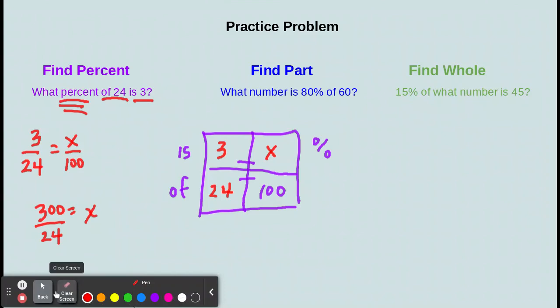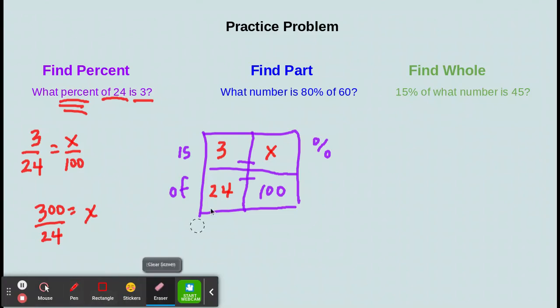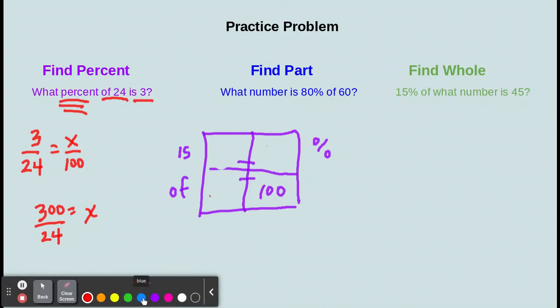Okay, so now let's see if I can just erase this part and this part. Okay, for the next one, what number is 80% of 60? Well, here we see the percent sign, so let's put the 80 in there. We have of 60, let's put the 60 there. And what number is, that's our unknown, right?